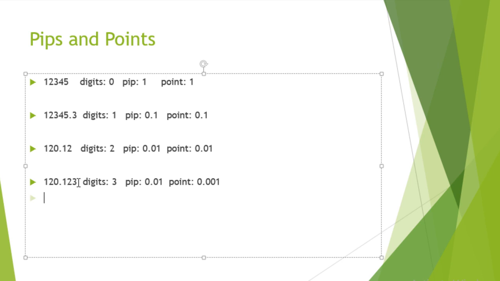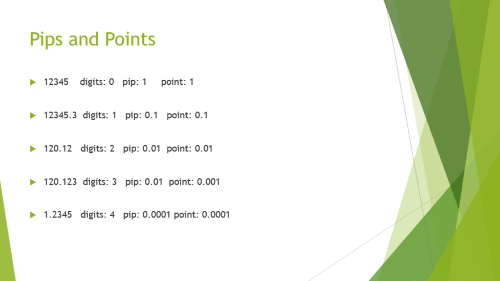Normally we don't say the point, but this is the smallest change you can see on the price, okay. So here we have 3 digits, we have a pip of 0.1, so 12 pips, and the point is simply the last one. So here the pip is 10 times bigger than the point.